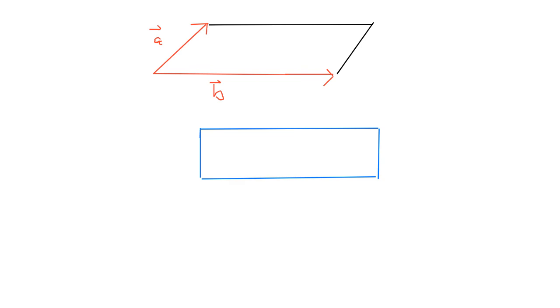Okay. Now, we have a parallelogram here on the top, whose sides are vectors A and B. And then we have a rectangle at the bottom. Maybe I can make it a little longer.